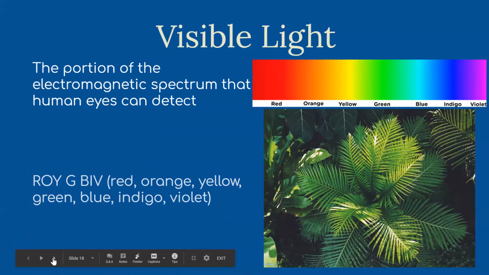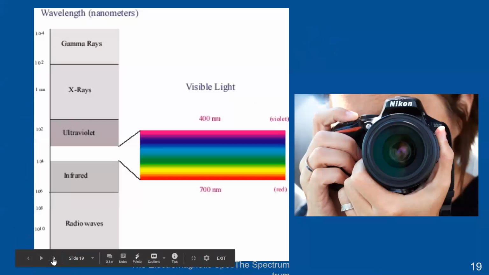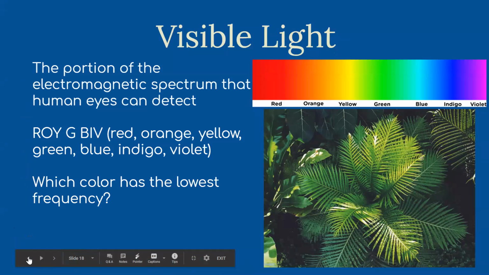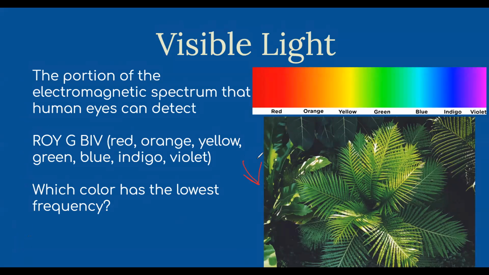Let's go to the next one. Visible light. So visible light is gonna be the colors that we can actually see. If you guys didn't know already, every single color that we see is from waves. When you see the color green, the reason is that the plant absorbs the light and absorbs the waves.